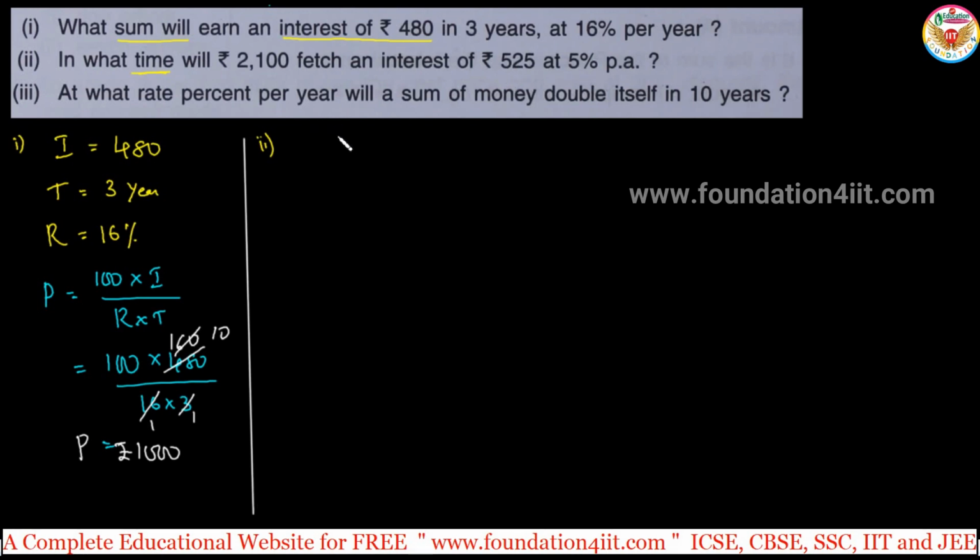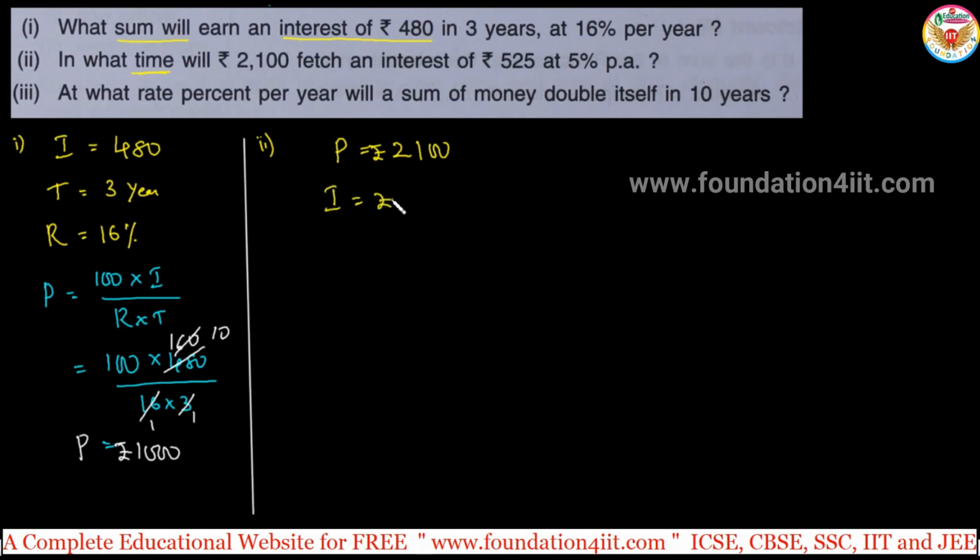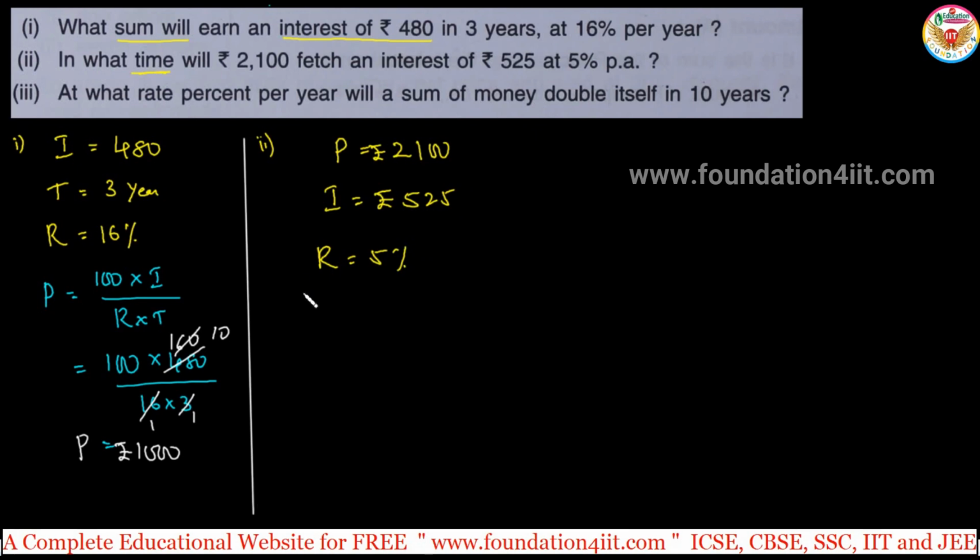So T we have to calculate. So interest is rupees 525 at 5% per annum. So R is equal to 5%. What time? So time we have to calculate.